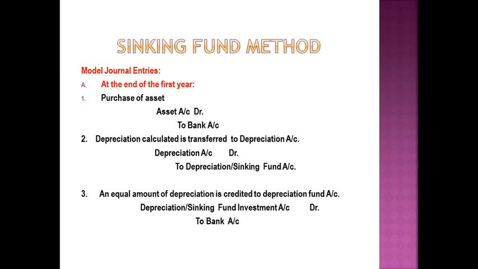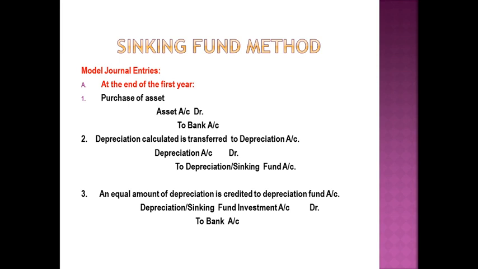So first we shall see the journal entries at the end of the first year. At the end of the first year, the entries passed are for the purchase of the asset, the depreciation calculation, and third, an amount equal to depreciation which is invested in the Depreciation Fund Investment Account. The journal entry for purchase of an asset is as usual: Asset Account debit to Bank Account.